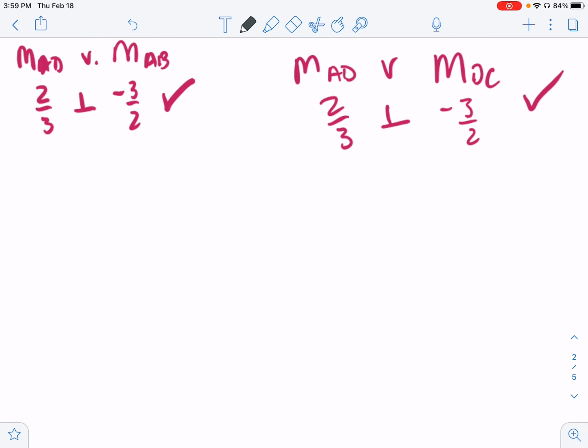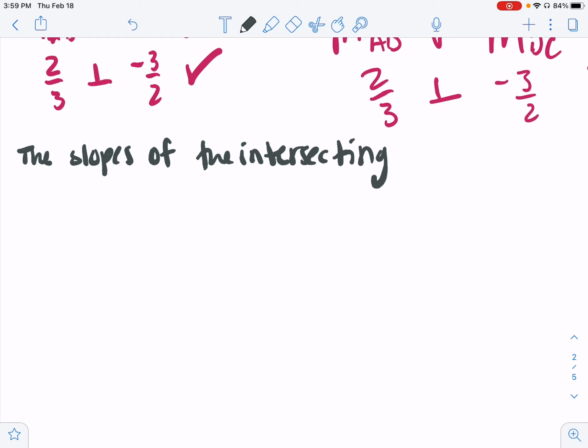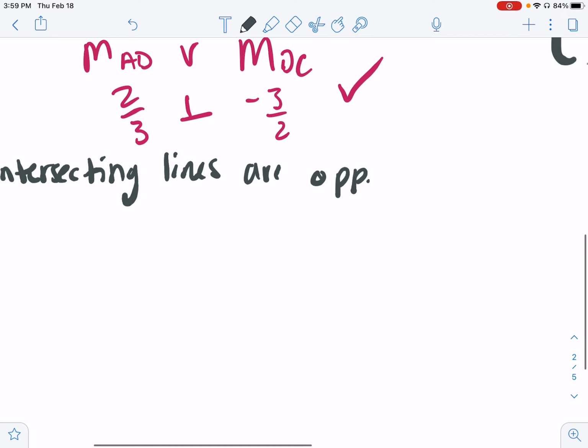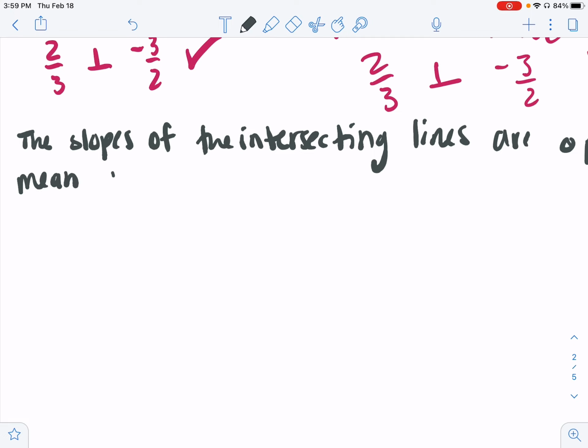So if I were to add a sentence here, I would say the slopes of the intersecting lines are opposite reciprocals, which mean the angles are 90 degrees.